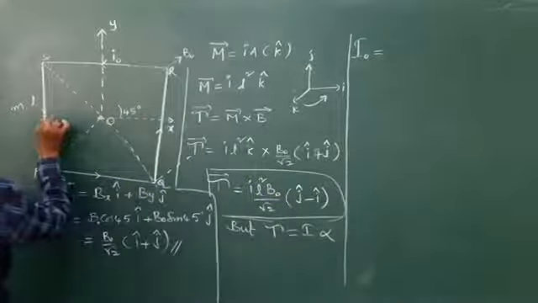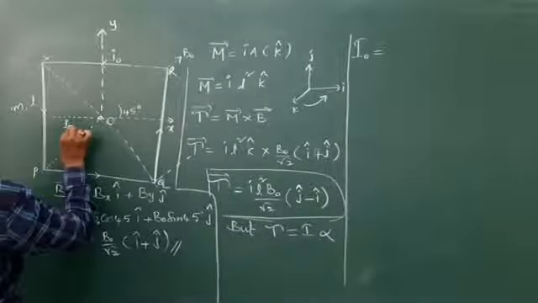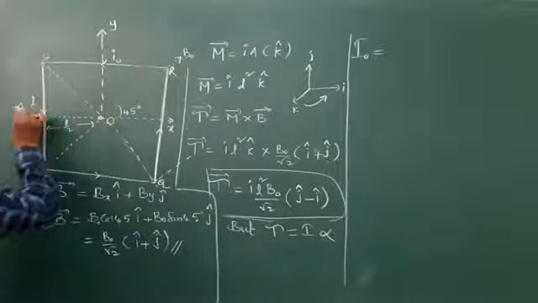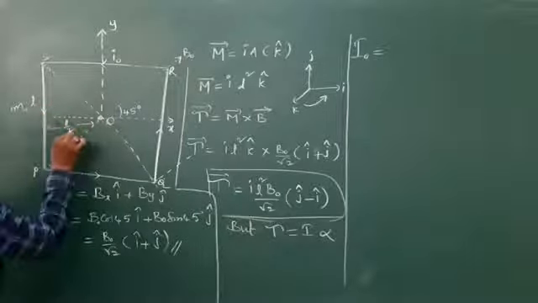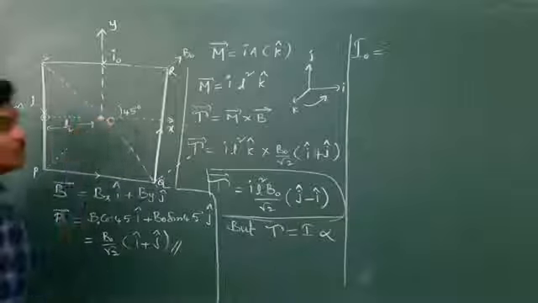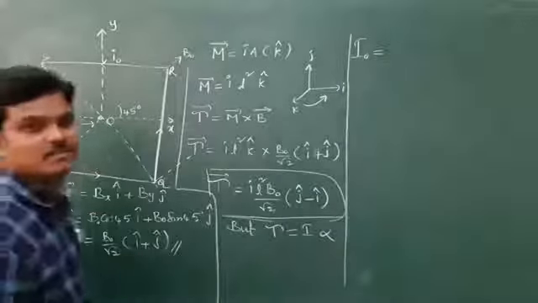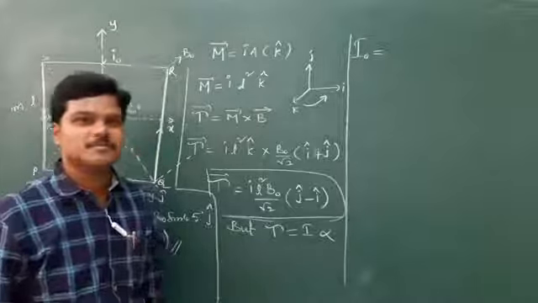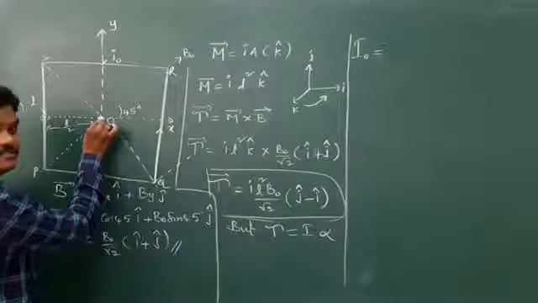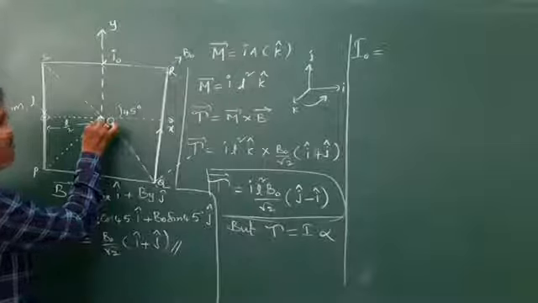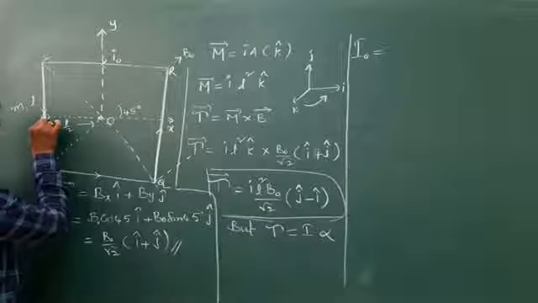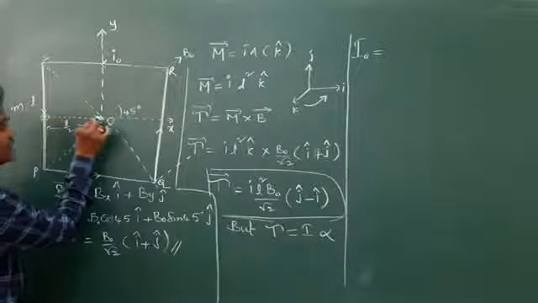This mass is at a distance of L by 2. Just use the parallel axis theorem to get I_O. Recall the parallel axis theorem: the moment of inertia of a plane lamina about an axis is equal to the moment of inertia through the center of mass plus the mass of the lamina times the square of the distance.